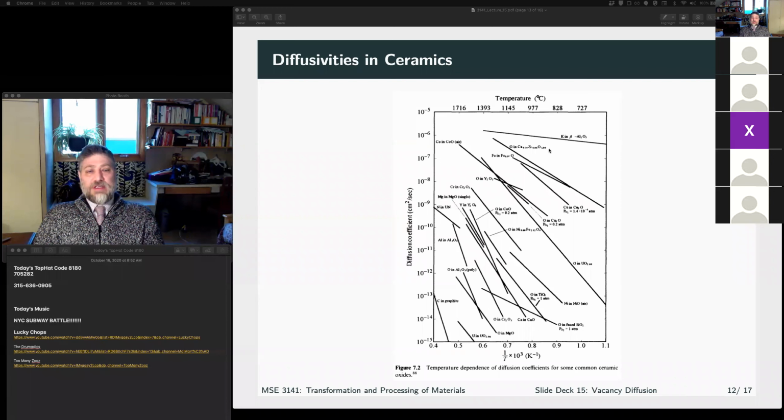Like this calcium zirconium oxide, down to 10 to the minus 15th, like uranium in uranium oxide, right? So we have here 9 orders of magnitude range in the diffusivities, right? We don't see anything close to this in metals, right? So what this tells you is that ions can move fairly fast in some ceramics, fairly slow in others, right?